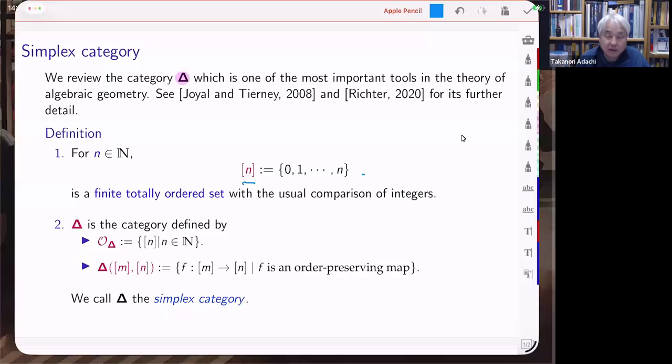Naturally this bracket n is a totally ordered set, and we define the arrows from bracket m to bracket n to be any order preserving map f from the partially ordered set m to the partially ordered set n. This will be a category, which is called the simplex category, a very fundamental concept in algebraic topology and algebraic geometry.